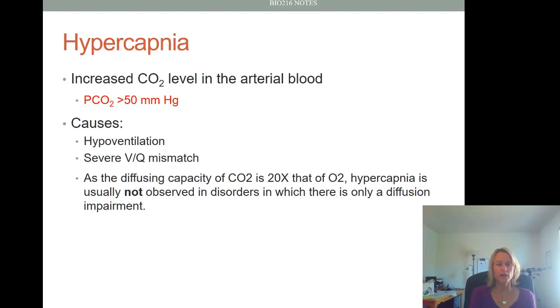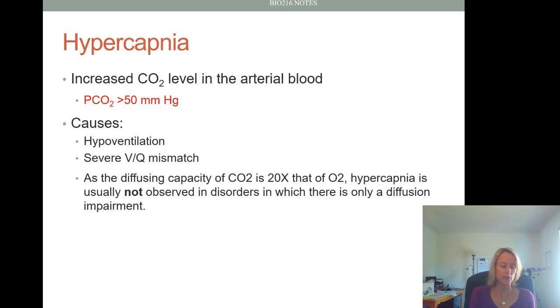Okay, so now let's talk about hypercapnia. So hypercapnia is when we have increased CO2 level in the arterial blood. And we're going to define that as PCO2 of greater than 50 millimeters of mercury. This is caused by hypoventilation, as we talked about with hypoxemia. We also got hypercapnia. If we have severe VQ mismatch, we also get hypercapnia.